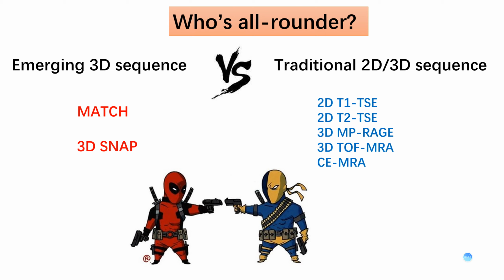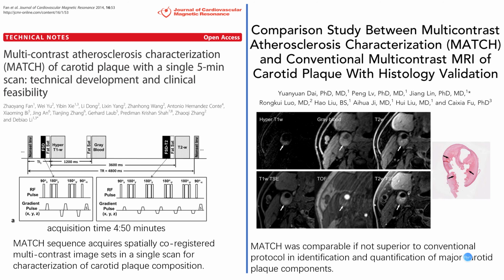A streamlined imaging protocol is able to identify multiple imaging targets in one or two imaging sequences. The MATCH sequence developed by Li's group acquires spatially co-registered multi-contrast image sets in a single scan for characterization of carotid plaque composition and provides comprehensive information about the major plaque components.